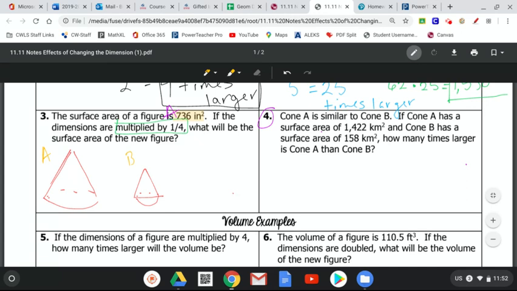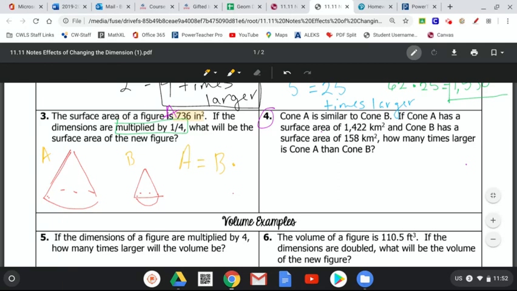So basically we're trying to figure out what A is. A equals, and we're saying B times some value will give us A. That's what it means when it says how many times larger is cone A than cone B: what value times the surface area of cone B will give us the surface area of cone A.